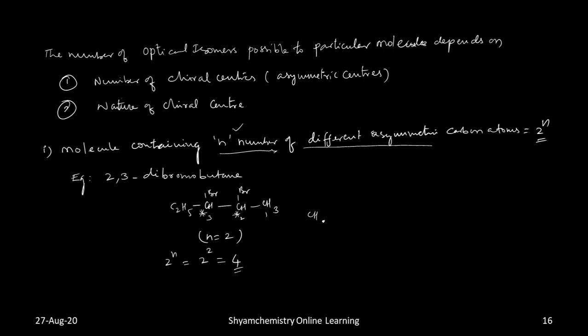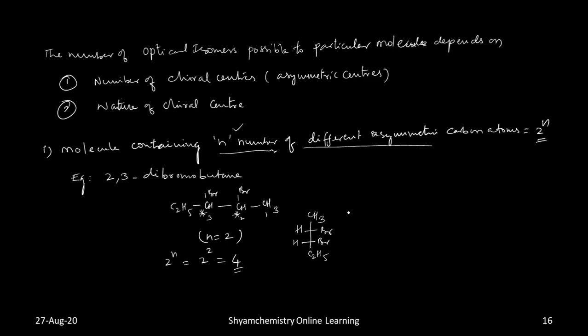Okay, let us take the structure for this. CH3, Fischer projection formula, CHBr, CHBr, C2H5. This is written in Fischer projection formula.